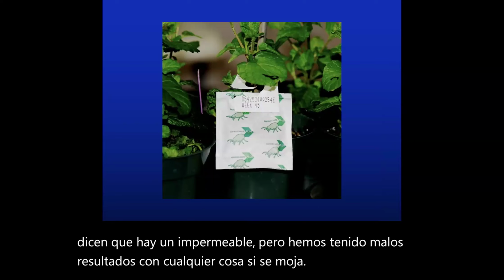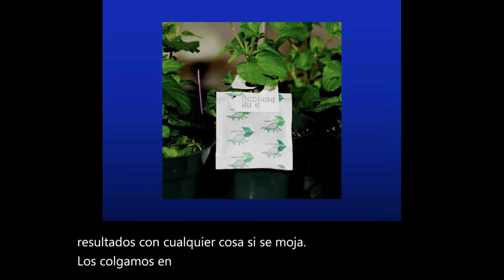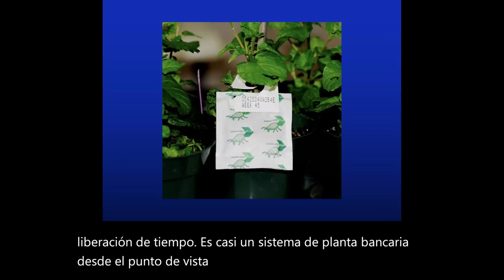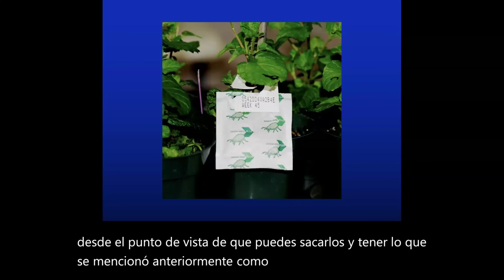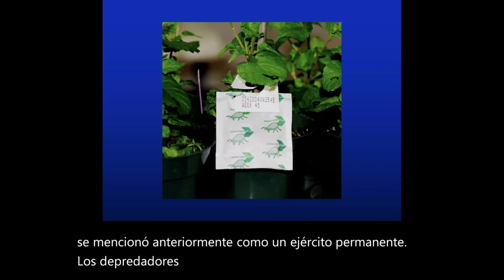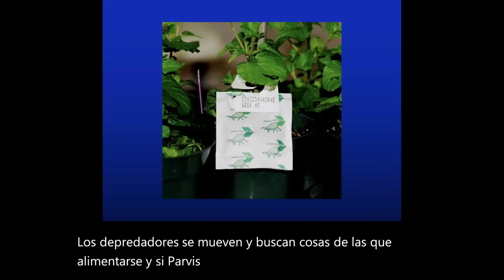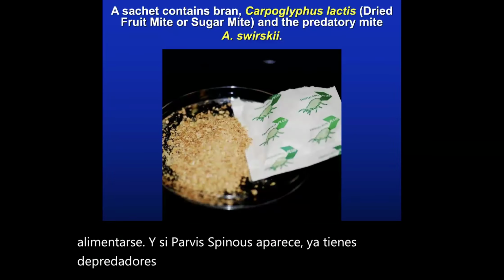We hang these in the crop. Again, this is a time release. It's almost a banker plant system from the standpoint that you can put them out and have what was mentioned earlier as a standing army. The predators move out and look for things to feed on, and if parvispinus happens to show up, you already have predators in the environment to take care of them.